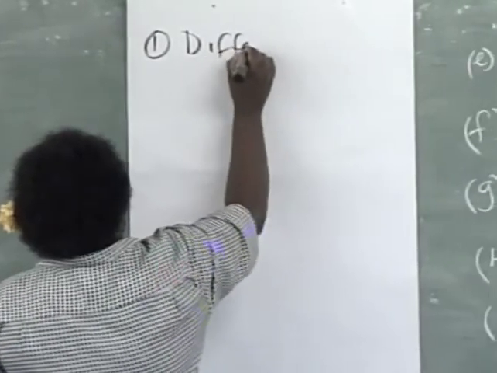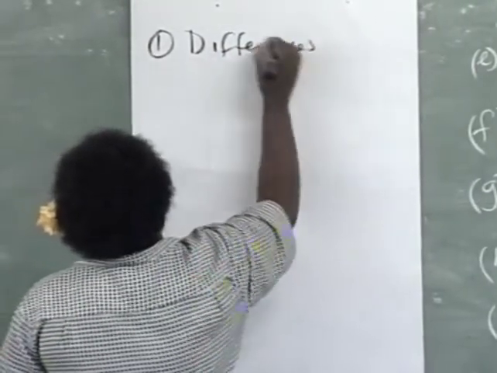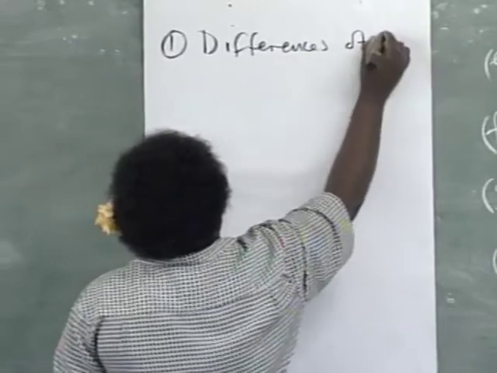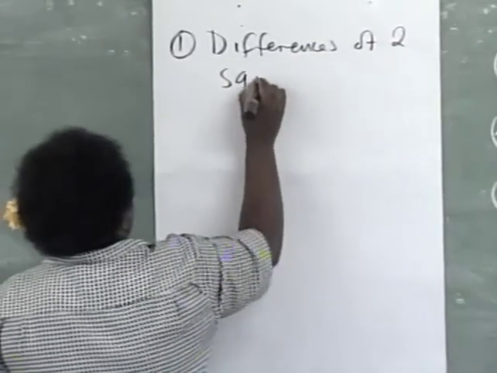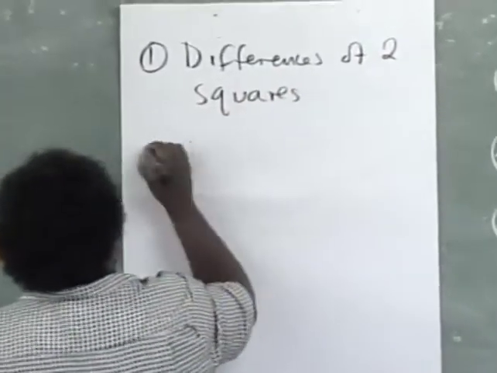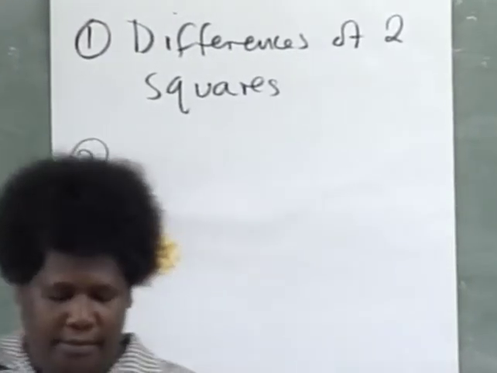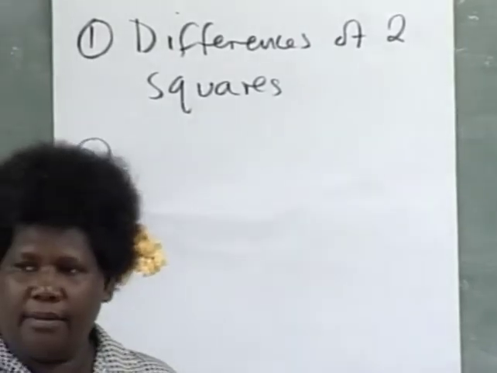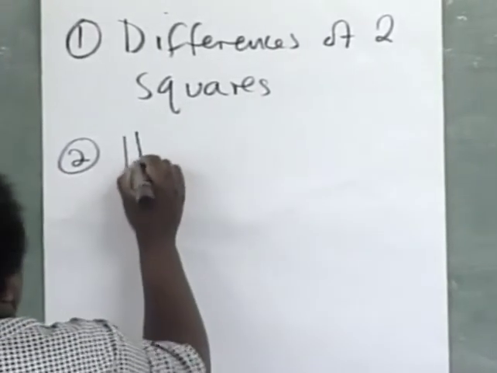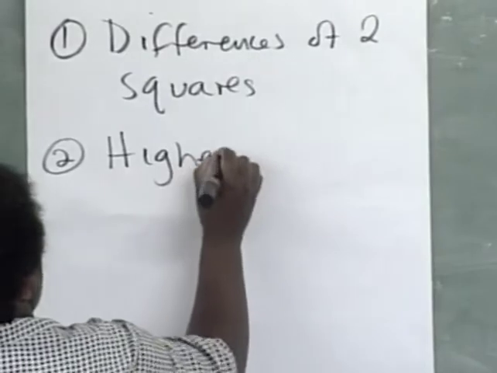All right, factorizing differences of 2 squares. Number 2, Miriam. The highest common factor. All right, taking the highest common factor out.